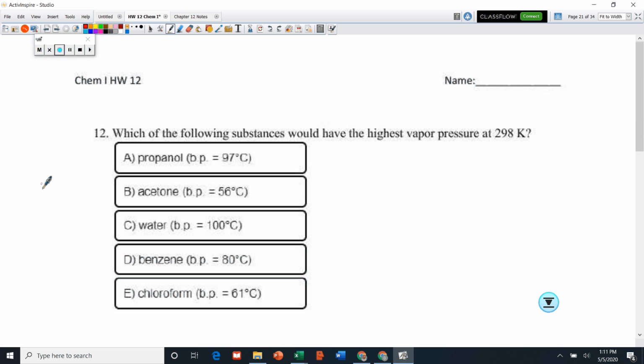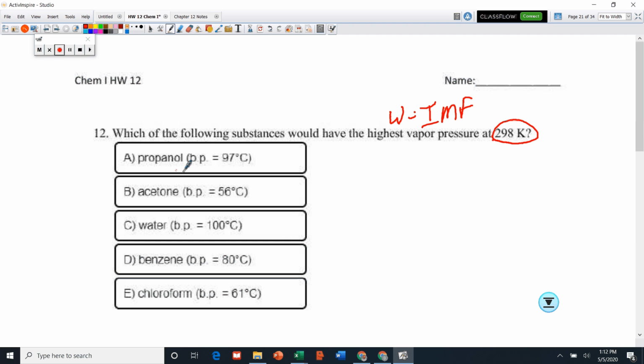Which of the following substances would have the highest vapor pressure? So high vapor pressure means weak IMF. All right. So because they're all at the same temperature, we're only looking at the IMF on this. So we need to look at it.